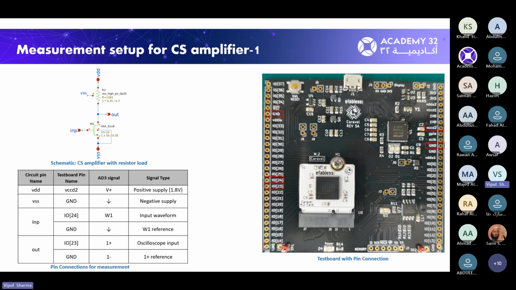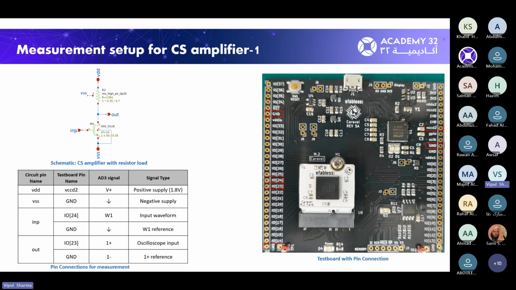Now for input, the input of the common source amplifier is going to the 24 pin, this slice here, and it will be connected to the W1 channel of AD3. So this will generate our input waveform, and then the corresponding ground of this channel will also be shorted to the ground of this board.